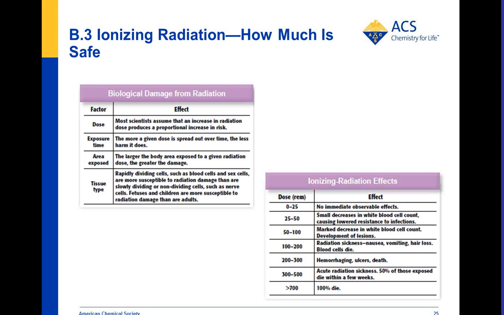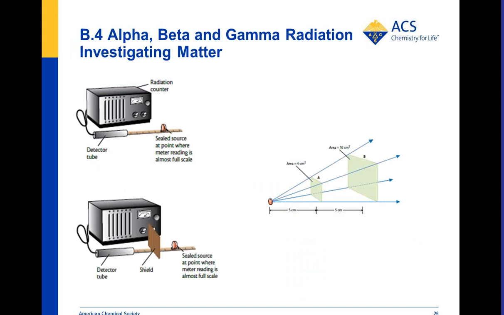So students are always fascinated by this, and I find that we end up with lots of good discussions on the exposure and the effects, and are they really in danger. Certainly with the news about people developing more and more nuclear weapons, I think they become more attuned to the fact that this is something we need to be aware of, whether they are a chemist or not. Next.